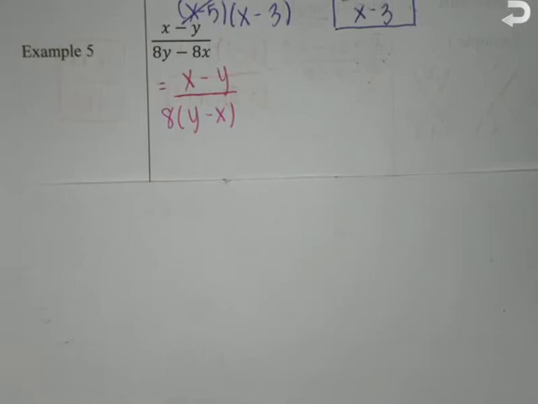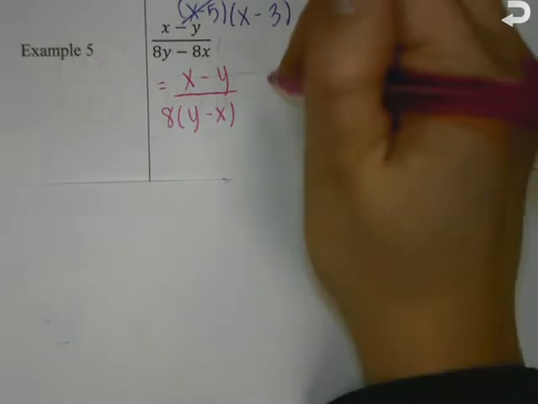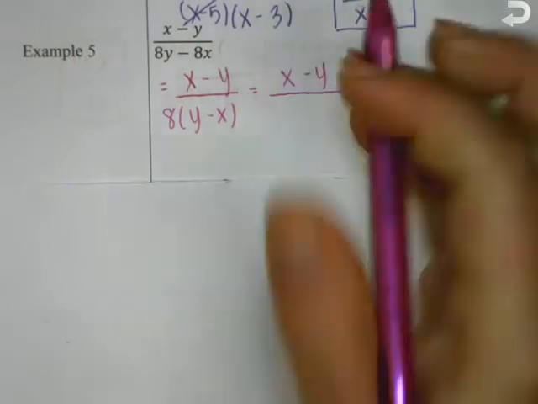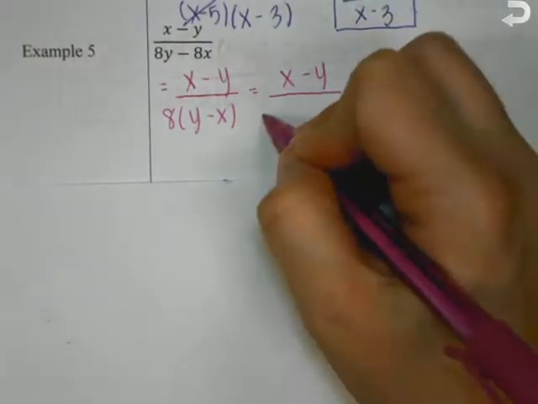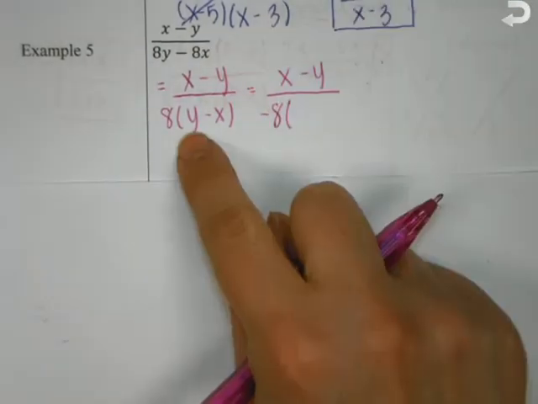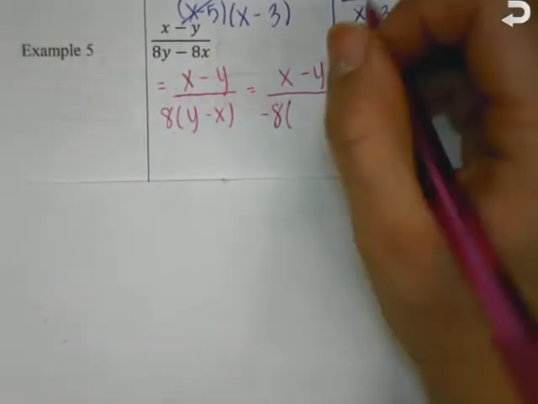What if I factored out a negative? So if I factored out a negative from here as well, that would give me negative 8, right? And then what would happen? If I factored out a negative, positive y becomes what? Negative y. And negative x becomes positive x. Are these two the same thing?